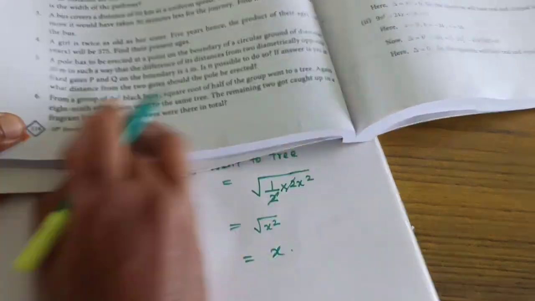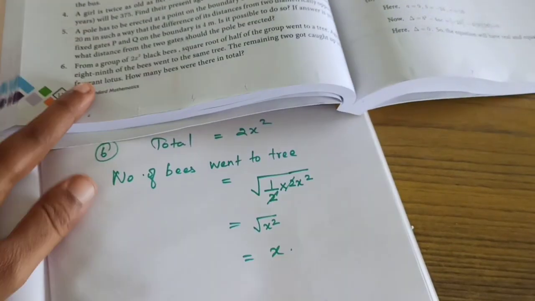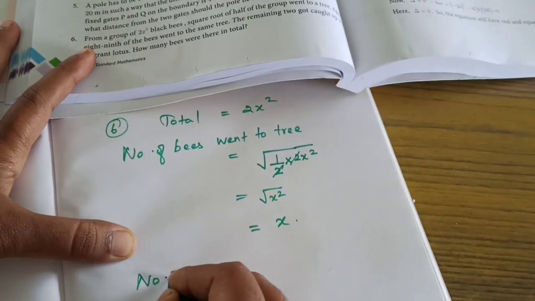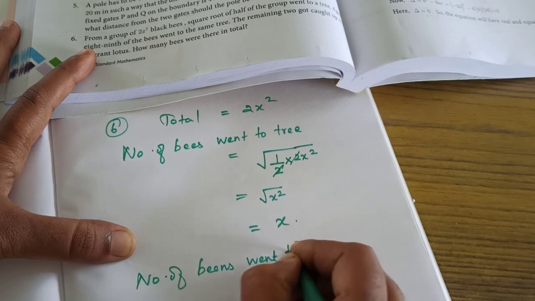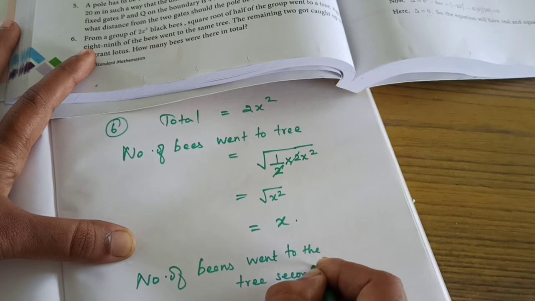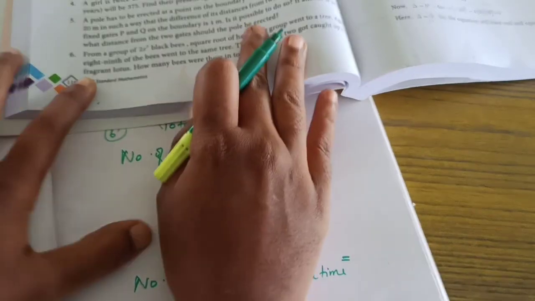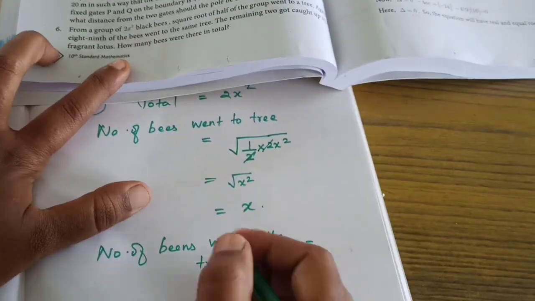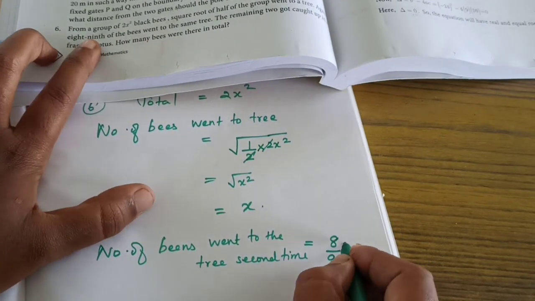Then again 8/9 of the bees went to the same tree. So the number of bees that went to the tree the second time. This one first time, this one second time. How many bees went? 8/9 of the bees. So what is the meaning? 8/9 means 8 by 9. Of means multiplication.